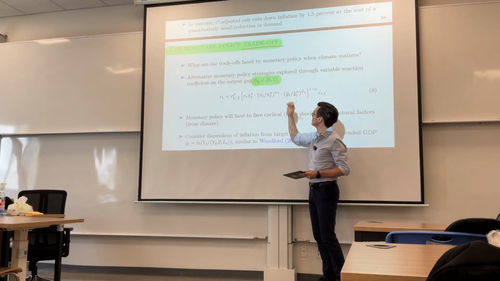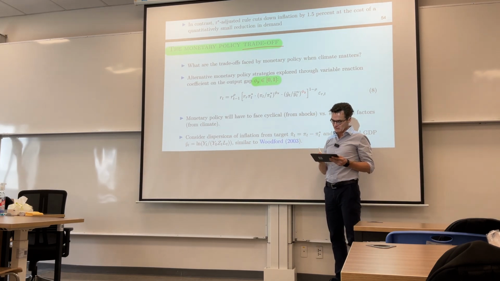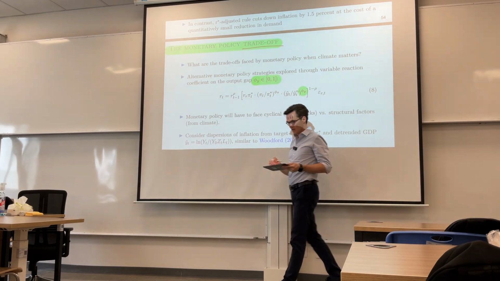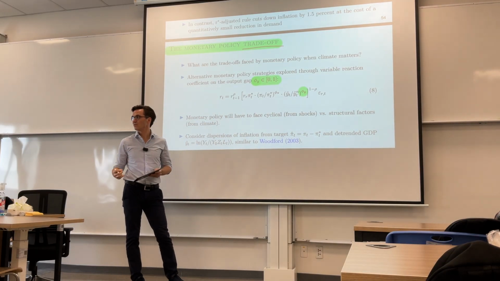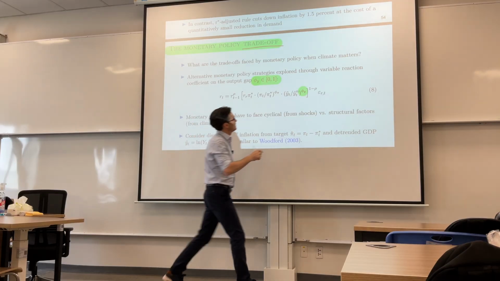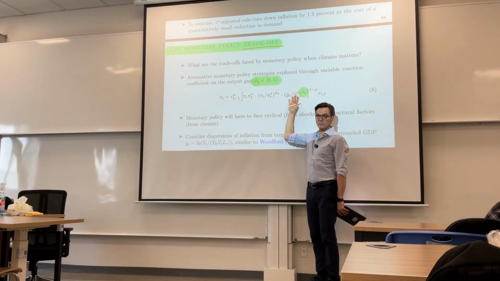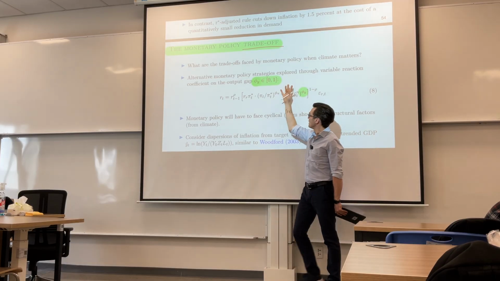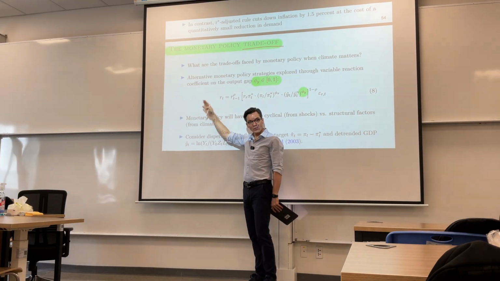So first of all, where does this parameter show up? Well, it's showing up here in the Taylor rule. Right? So it's the aggressiveness by which the central bank responds to output gap changes. So typically, when actual output exceeds potential output, so you have a positive output gap, then they're going to raise the nominal interest rate to cool the economy, right?